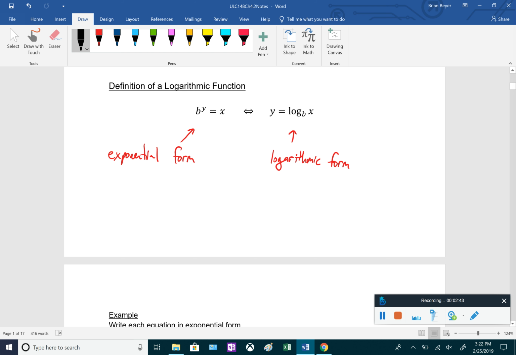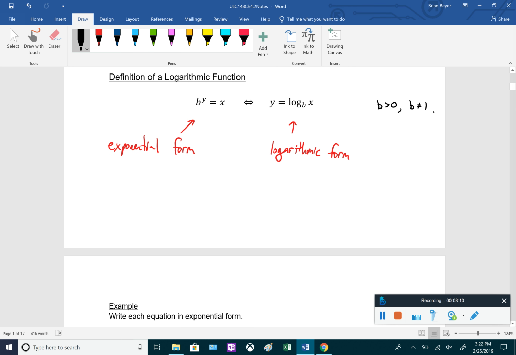Technically also here, b has to be positive, and b cannot equal 1. For exponential functions, the base is positive and b cannot be 1, because if we had 1 raised to any power, it would just equal 1 for every exponent, and that would not be exponential. Same thing for logarithms: b has to be positive, and it cannot be equal to 1.